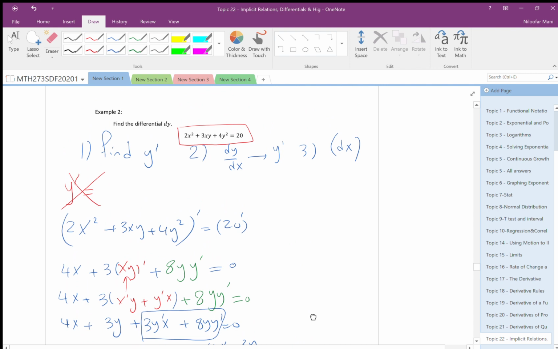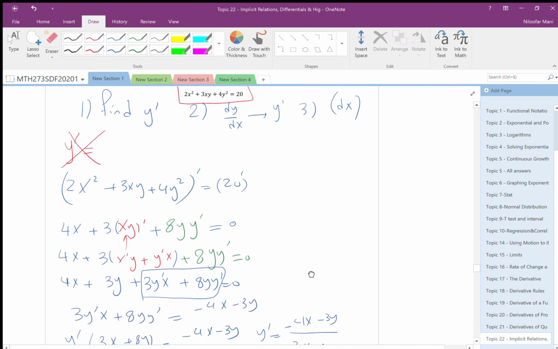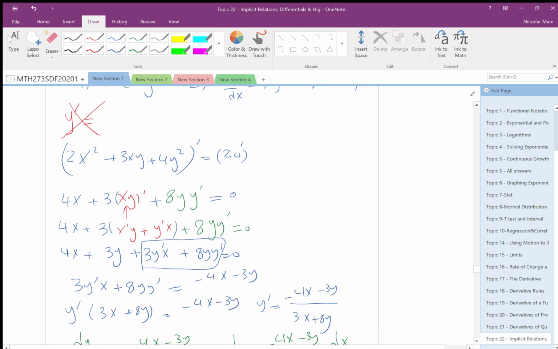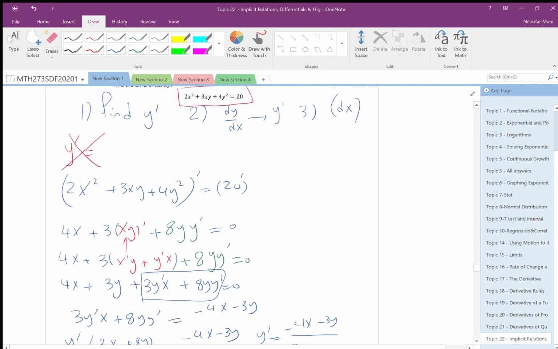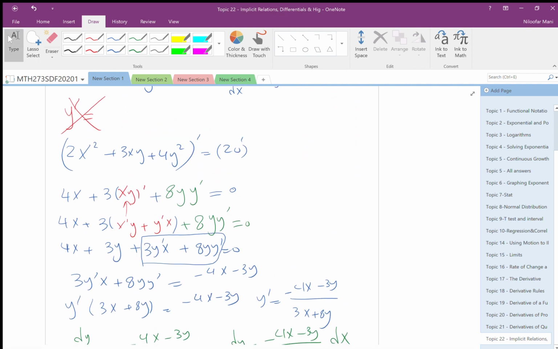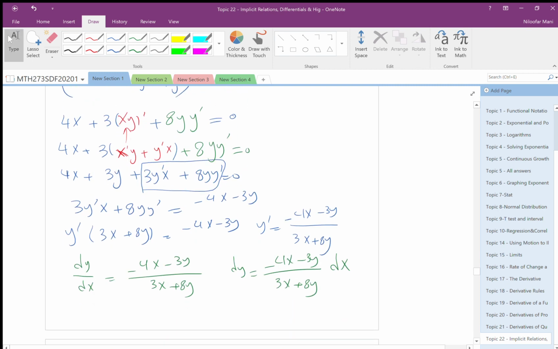Let me just check. I did the derivative of both sides, let me explain more. The derivative of one side is the derivative of the first, second, and third terms, and the derivative of the other side is a number, so 0. The derivative of that is 4x. The derivative of that is 3 times the derivative of xy, which is the product rule, multiplication, so I have to do this. And that guy is 8y y prime, and then I do the derivative of the first times that, so I'm doing the product rule here.